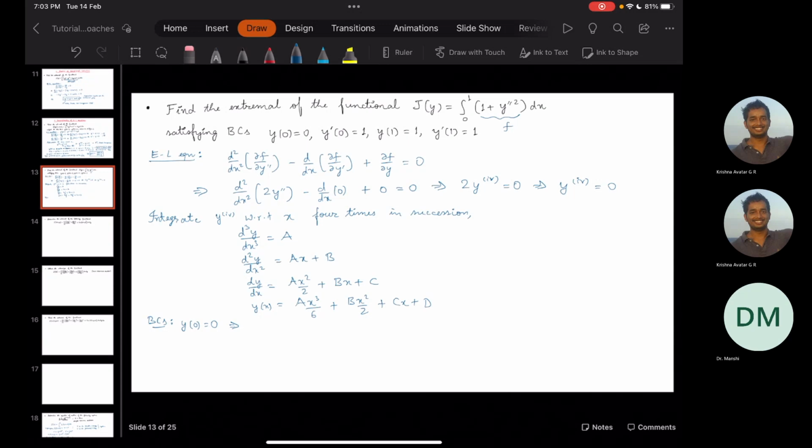This gives us d is equal to 0, isn't it? The second equation is y prime of 0 is equal to 1. So y prime is dy by dx. From this we have c is equal to 1. Fine.